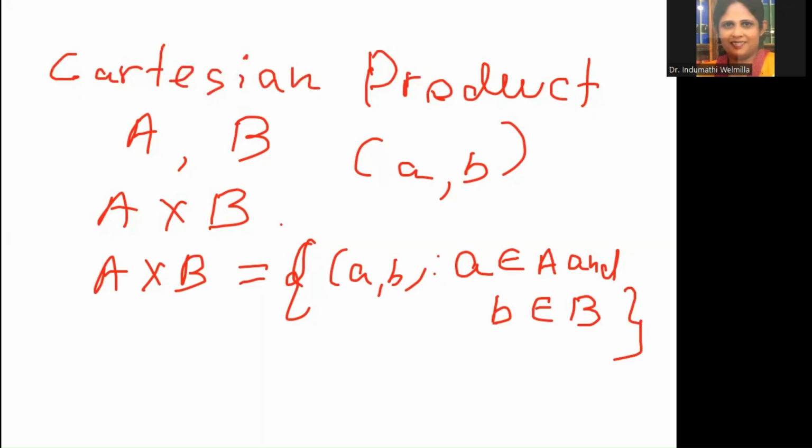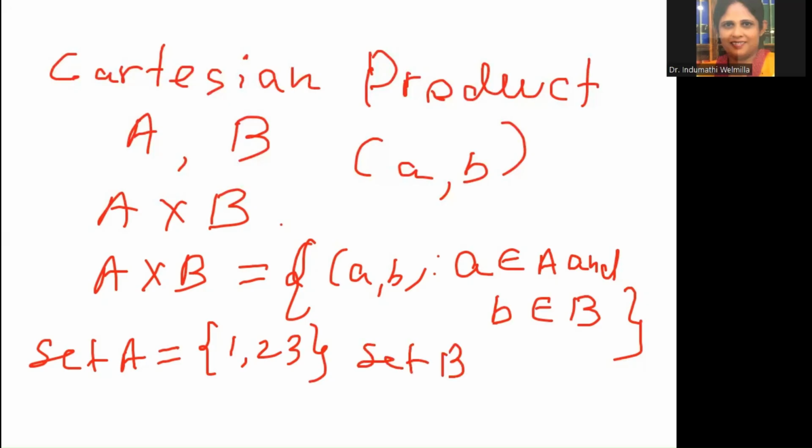Also, we can take this example. Set A equals {1, 2, 3}, and let us assume set B has two objects: bat and ball.